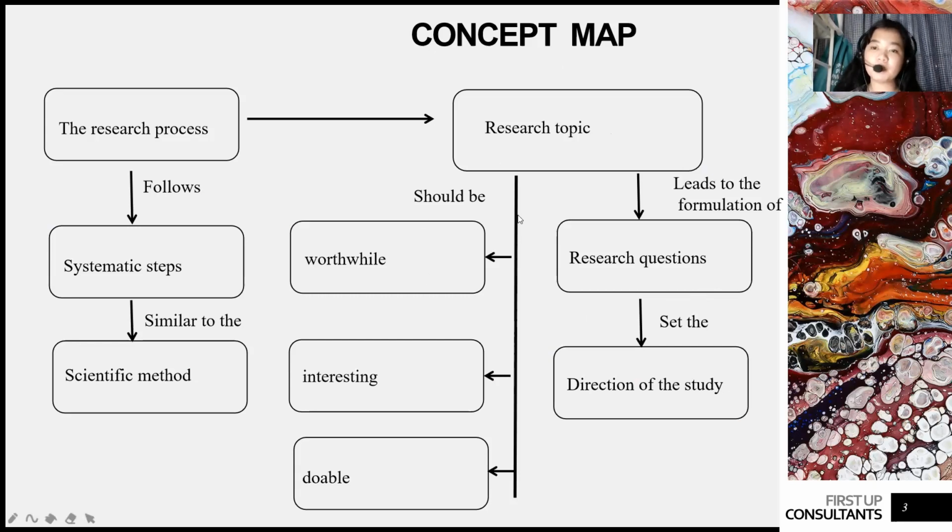So your research topic should be worthwhile. It should be interesting. Worthwhile meaning you won't run out of time and quit halfway, so it's a waste of time. Interesting, meaning you are very interested, and at the same time it's also interesting to the reader.